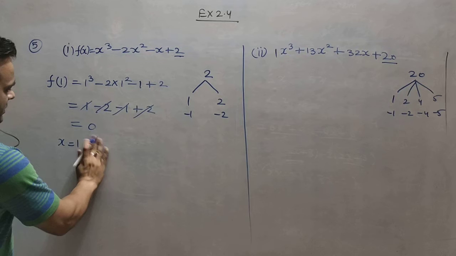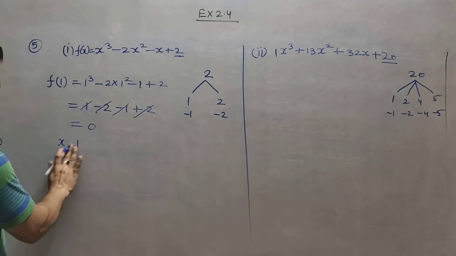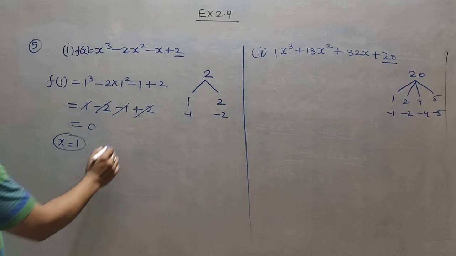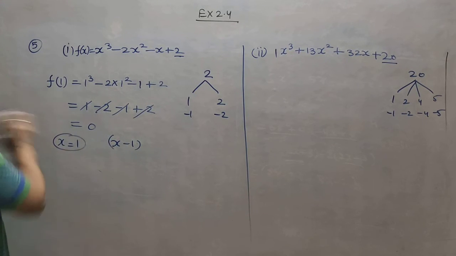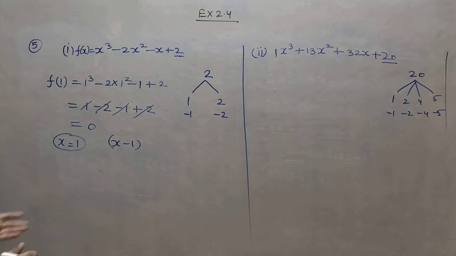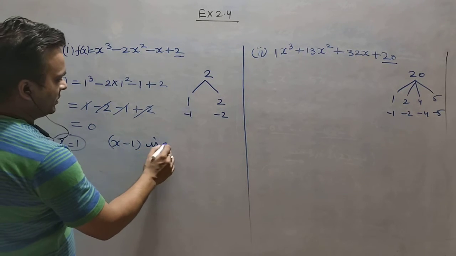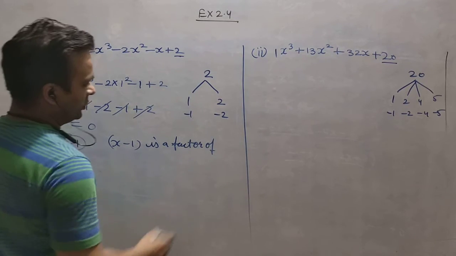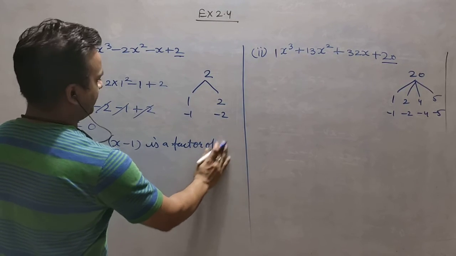At x is equal to 1 it is 0. But x minus 1, because 1 will shift here, because we have to write in factor form. Factor form says that this constant you have to shift to this side. So x minus 1 is a factor of the given polynomial f(x) I am writing.